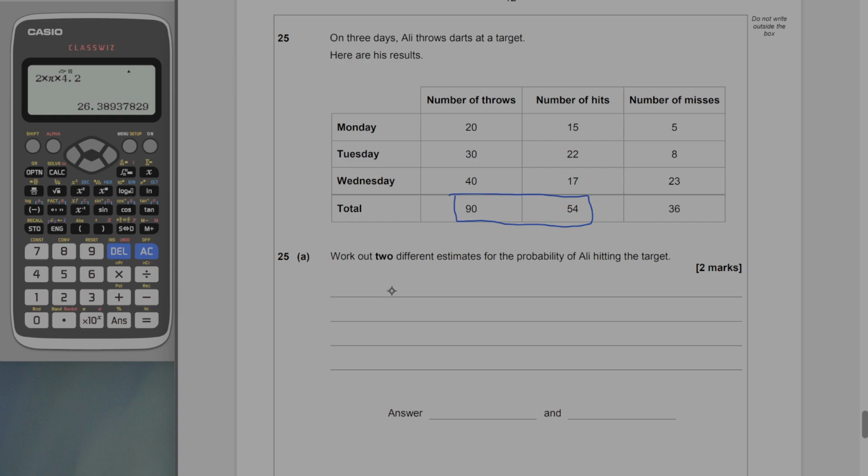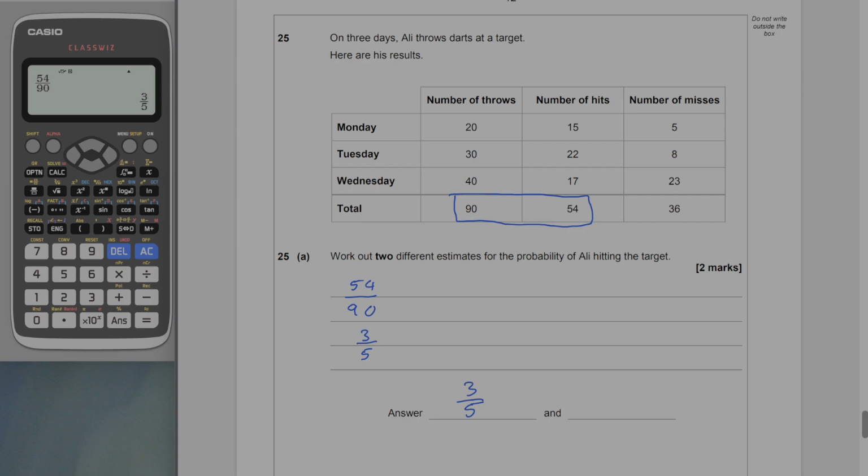So I'm going to go 54 over 90, and then I think that will cancel down by 9. So it's actually cancelled down by 18. Help if I wrote before I spoke, 3 over 5.